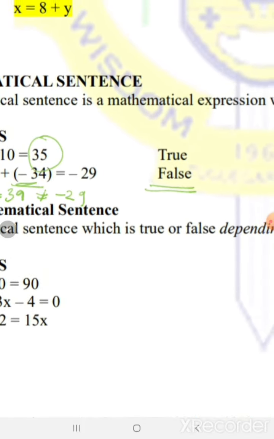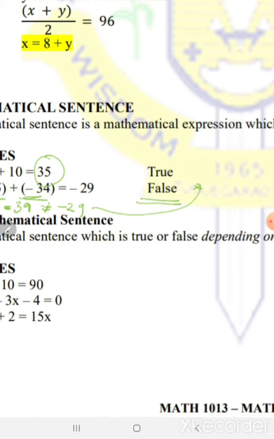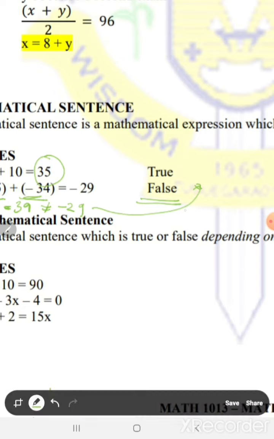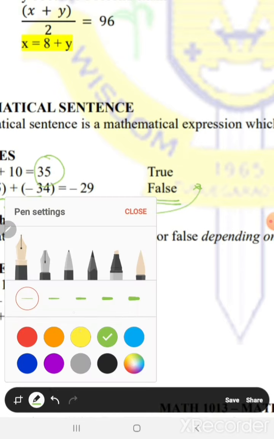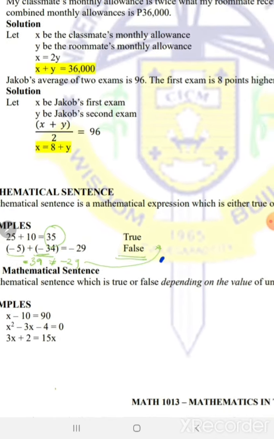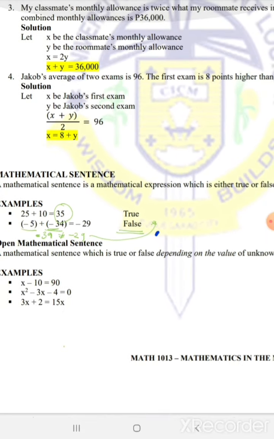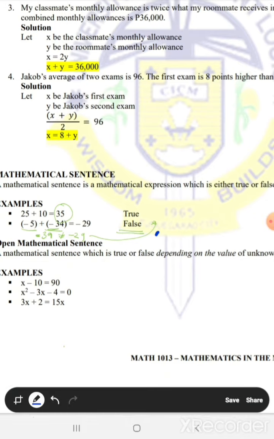But if this statement would say that negative 39 is greater than negative 29, this is also false. Okay?